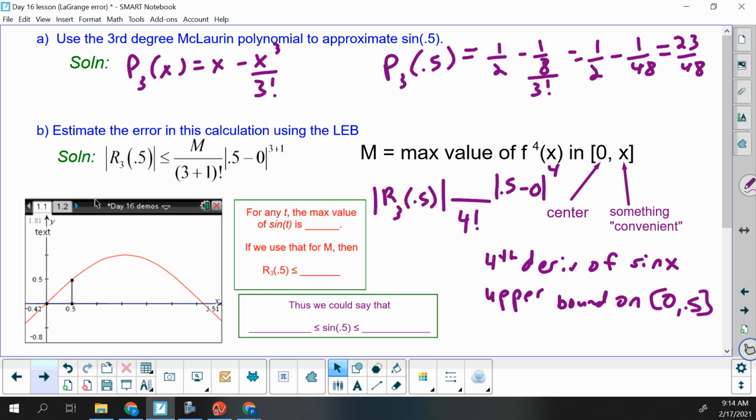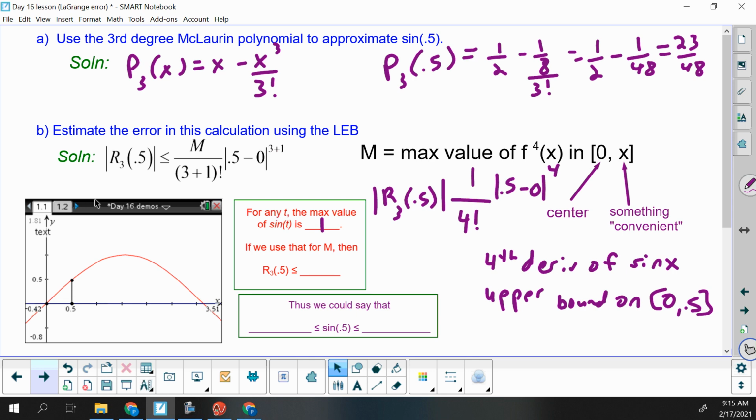Well, the nice thing about sines and cosines is their derivatives are always plus or minus some sine or cosine, and they always stay between -1 and 1. So for sines and cosines, the easy thing to do is just always make that M value be 1. So for any value of t in there, that max value is 1. So we can just use 1 for that value of M. Now remember, M is a magnitude, so we always put in a positive value for it, even if in that next derivative you would get a negative value.